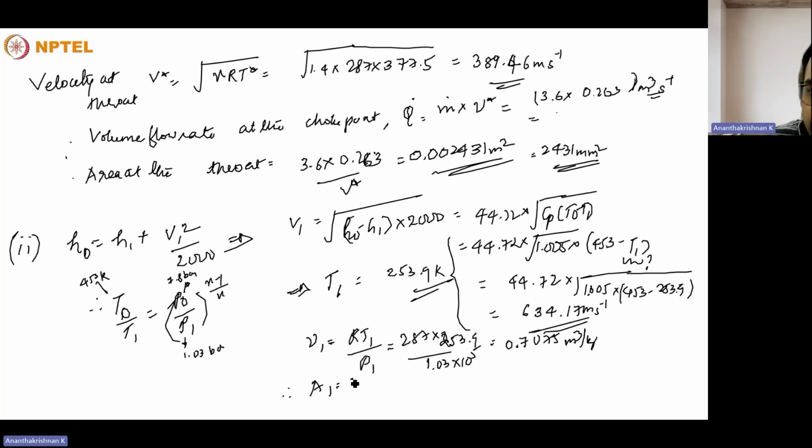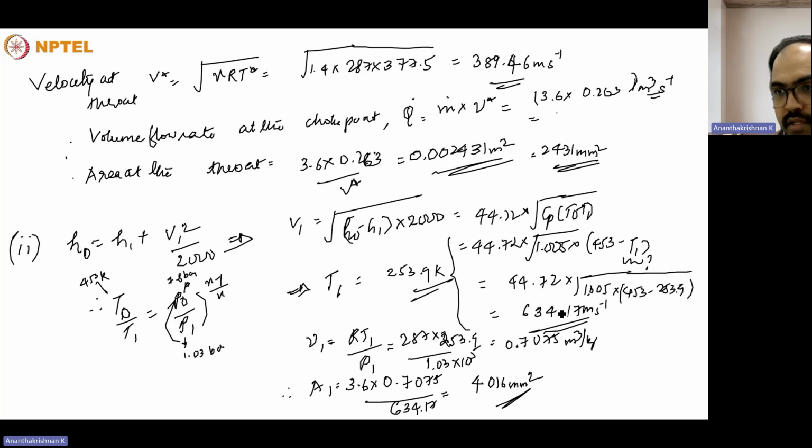So that is mass flow rate into specific volume, that is 0.7075, divided by the velocity 634.17. That will be equal to 4016 millimeters squared, significantly higher than that of the choke area.